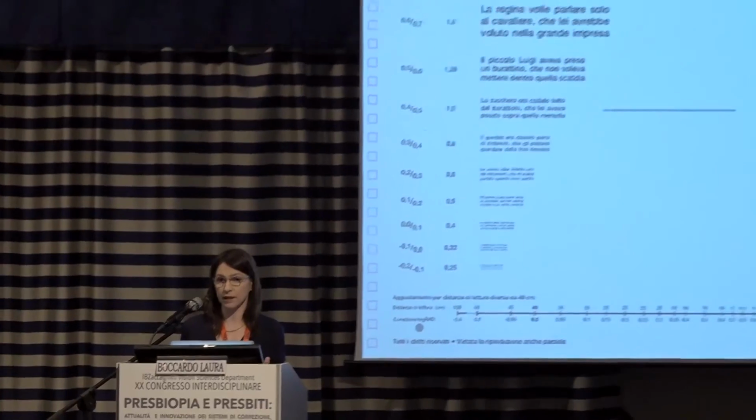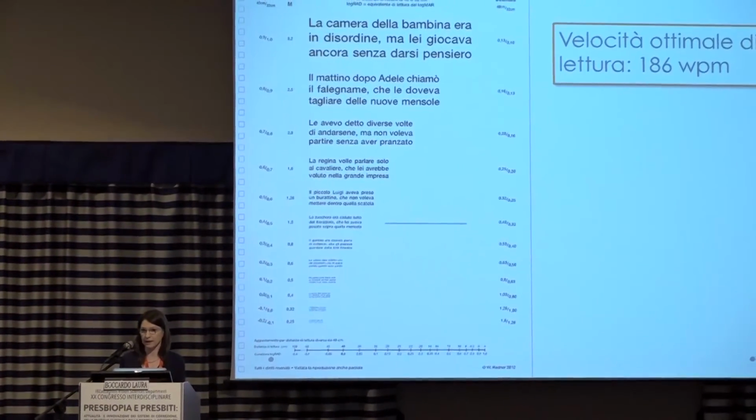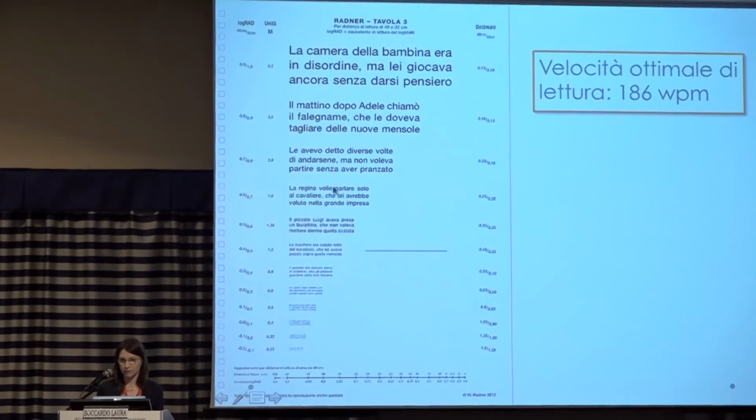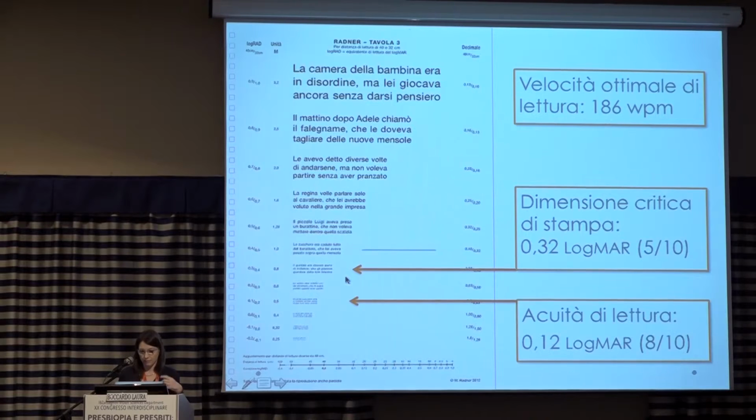So let's look at our results. Optimal reading speed of these presbyopes or emerging presbyopes was 186 words per minute. The speed was maintained for a number of sentences up to this sentence, which is 0.32 logMAR, 5M at 50 centimeters.